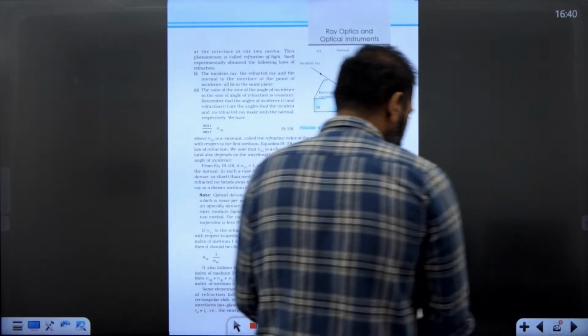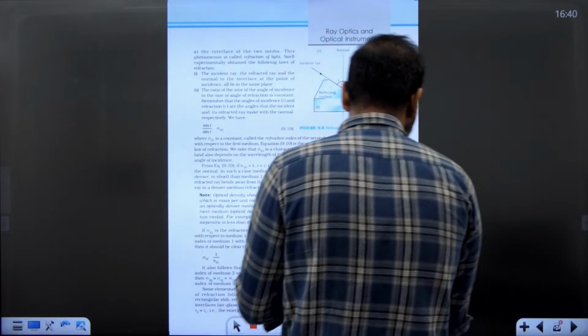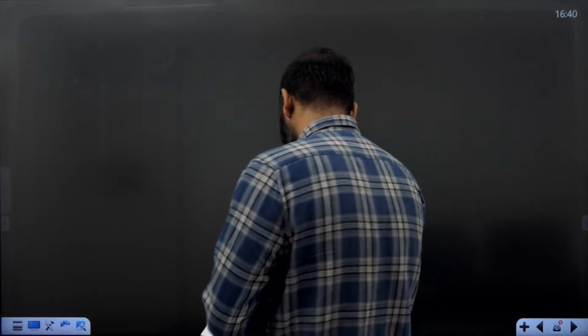Done. Okay. Next point. Next is a very small topic, not that important. That is the principle of reversibility of light.